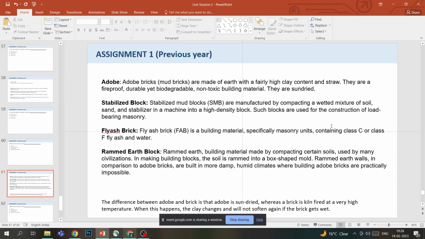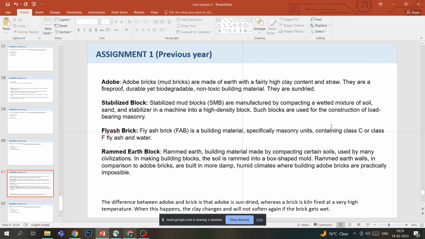So the property of adobe bricks is that they are sun dried, and rammed earth blocks are usually built in more damp and humid climates, because adobe bricks cannot be built in those climates. And another thing is that the difference between adobe and brick is that adobe is sun dried, whereas a brick is kiln fired at a very high temperature.